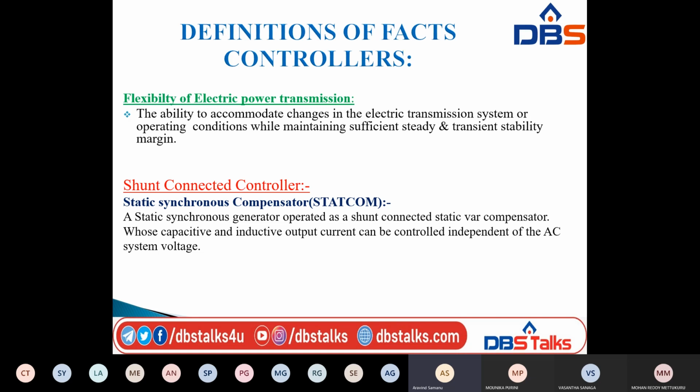Under this concept I am going to discuss the static synchronous compensator, that is nothing but STATCOM.